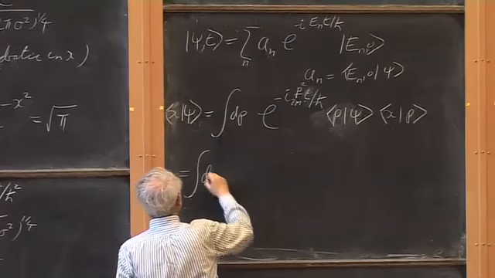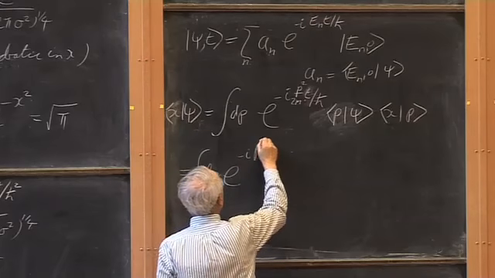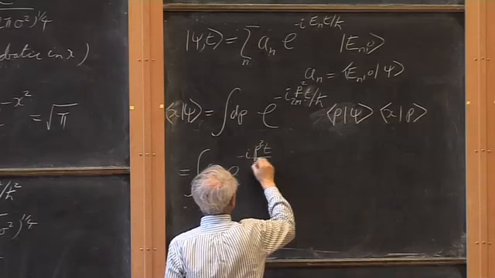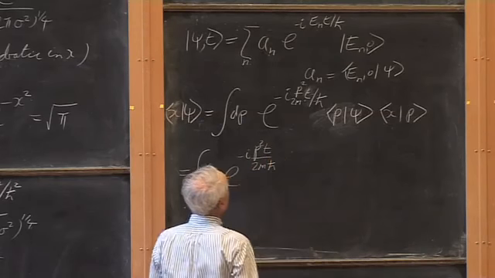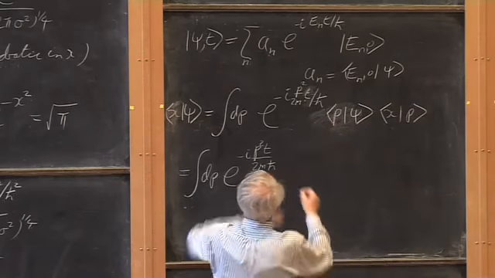So this is a dirty great integral dp of e to the minus i p squared t over 2m h bar. Let's keep to the right order.